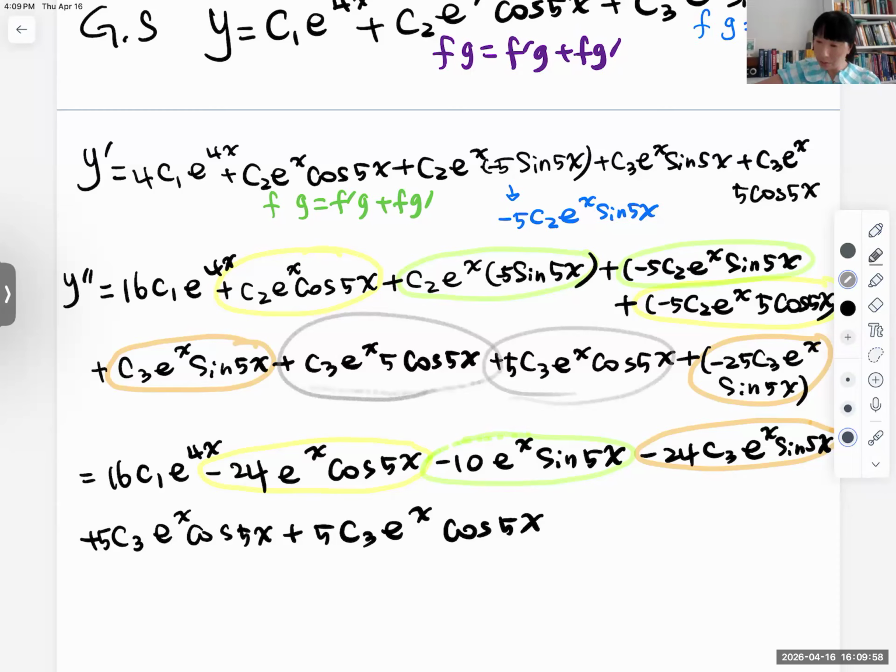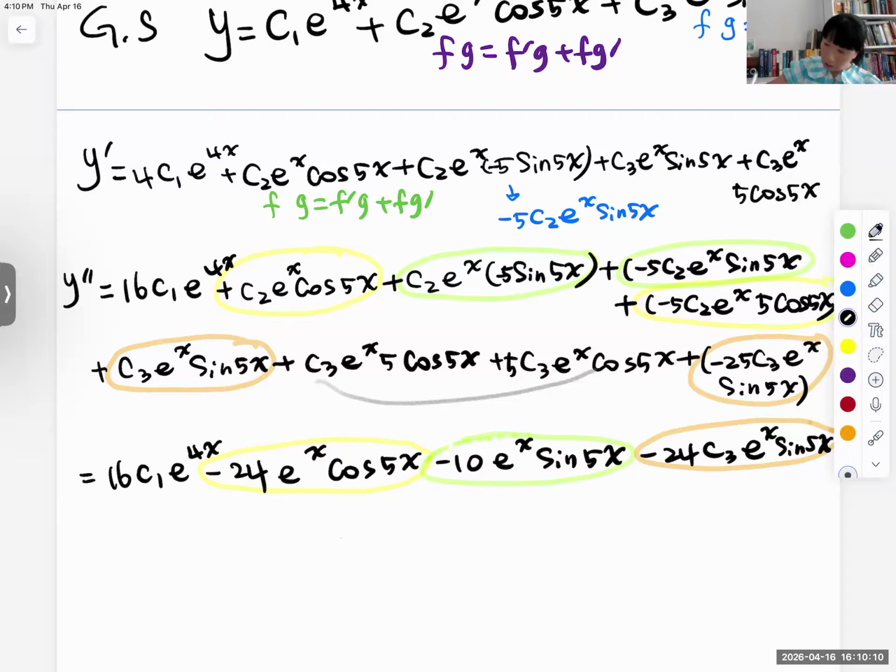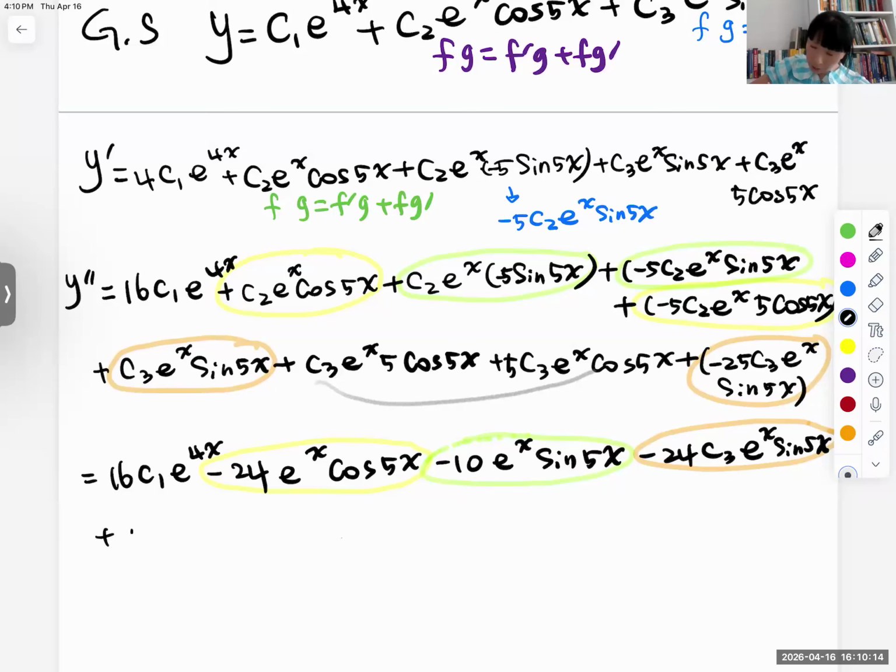So it's a positive 10 c sub 3 e to the x cosine 5x. So that will be 1.